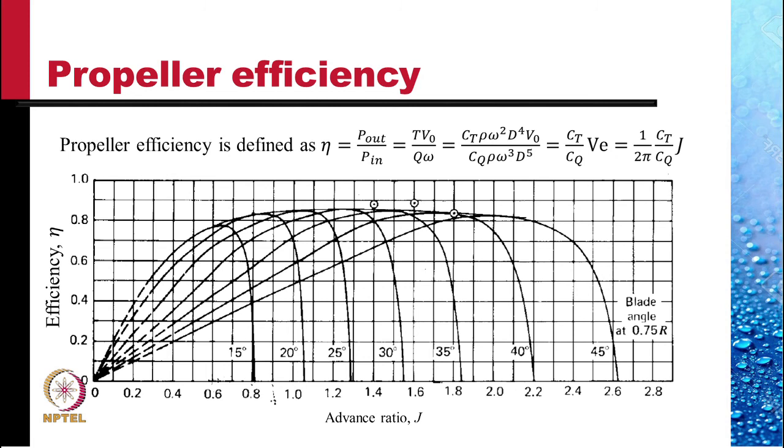All have about the same maximum efficiency. But the maximum efficiency is obtained at a higher advance ratio for a blade with a higher pitch.